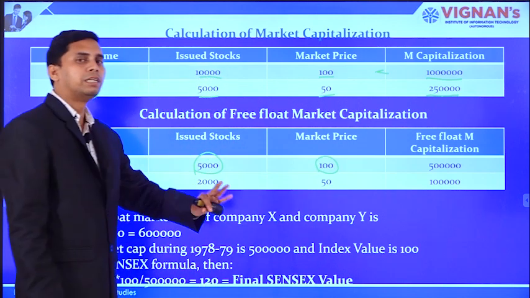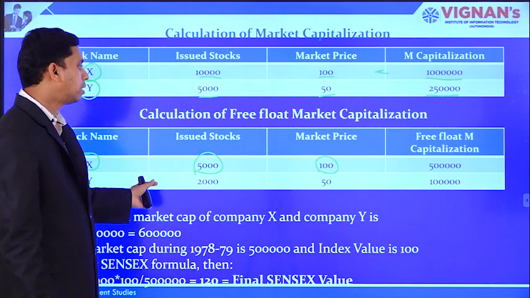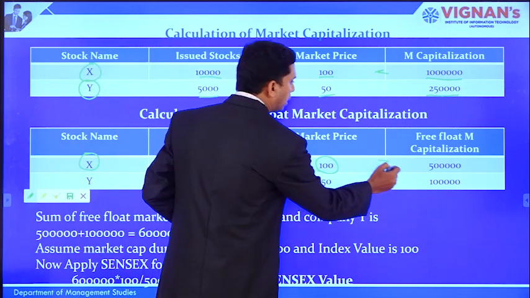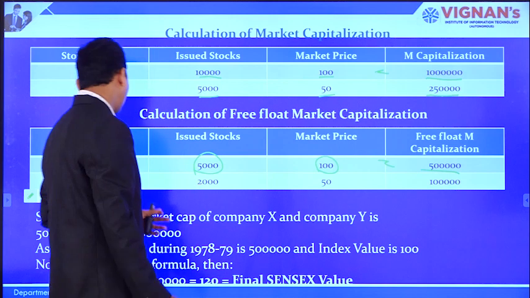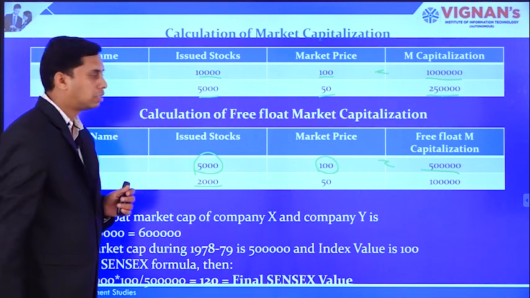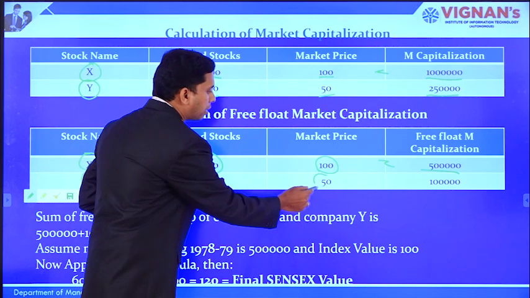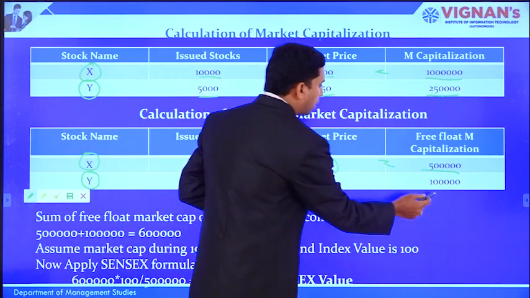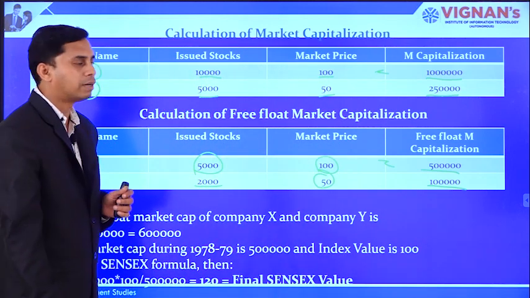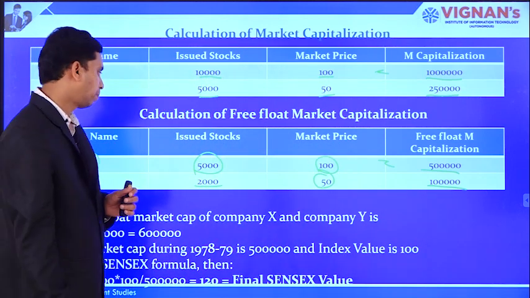Multiplying the free float shares and the market price gives the free float market capitalization, that is 5 lakhs. And for Y, there are 2,000 free float stocks and 50 is the market price, and finally the free float market capitalization is 1 lakh.